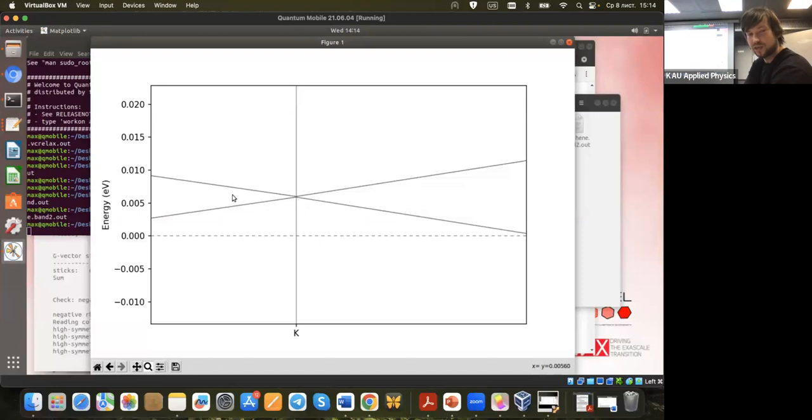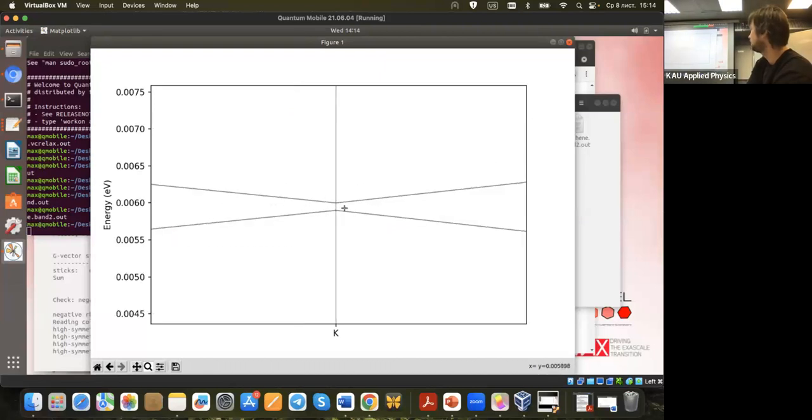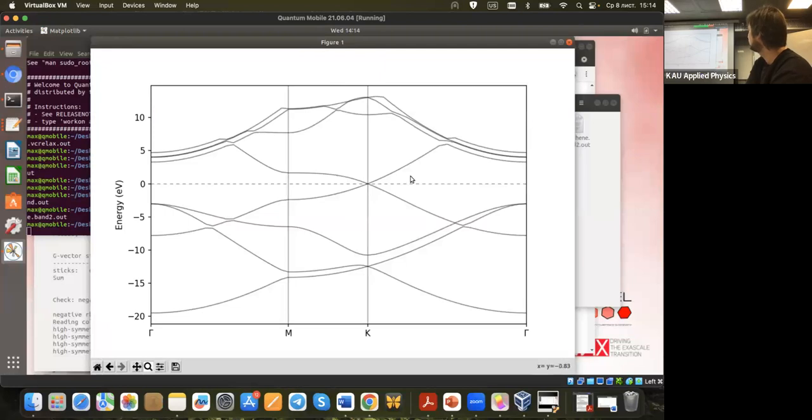But it's also okay. This difference is not huge, and you see these bands, they do not cross, they do not interchange.